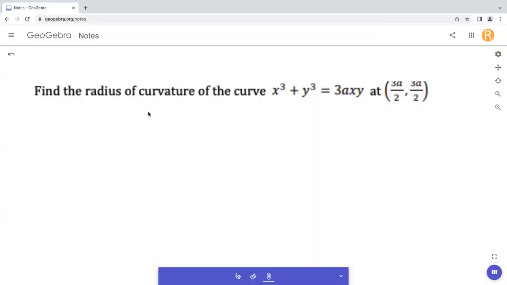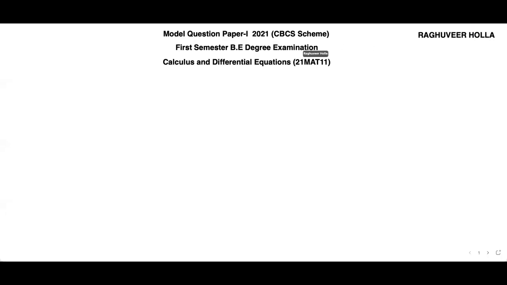Let us solve another problem, that is to find the radius of the curvature. Okay. So let us write down. So we have been given x cube plus y cube, which is equal to 3axy.